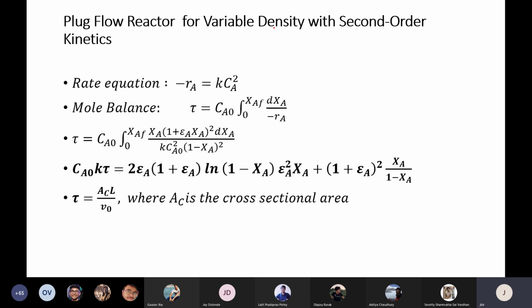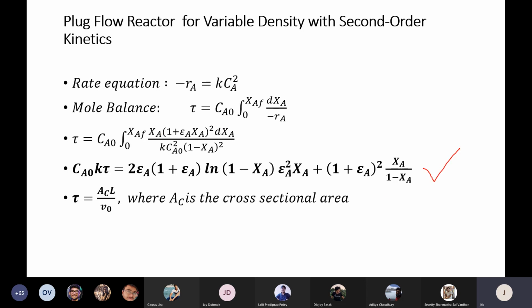And variable density for second order kinetics, we are getting the equation after substituting k Ca0 square into the mole balance in the form of variable density, integral of 1 plus epsilon a Xa square by k Ca0 square 1 minus Xa square, in terms of Xa, you can integrate.